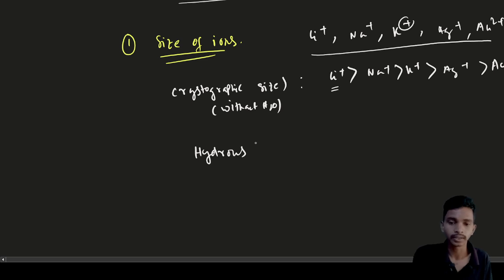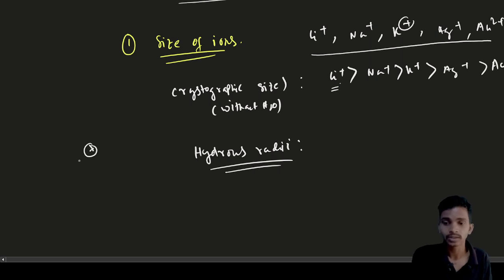Then for the hydrated radius: if this size is small, and this is in aqueous solution, then water molecules are there. If the size is smaller, then more water molecules will get attracted.